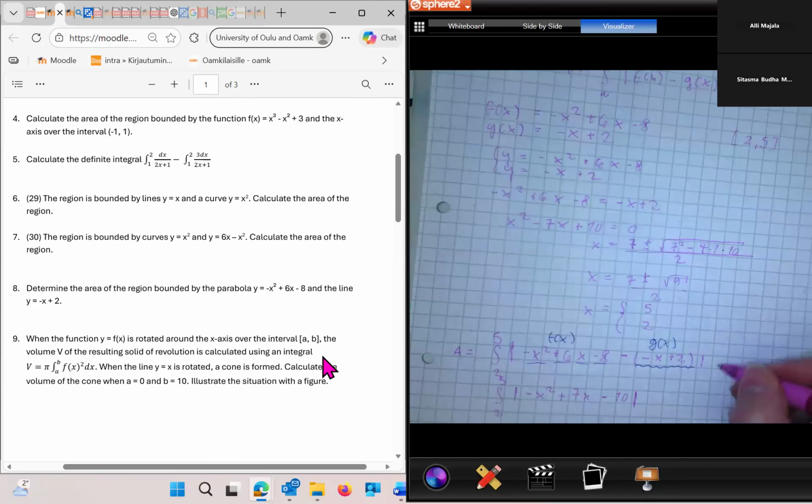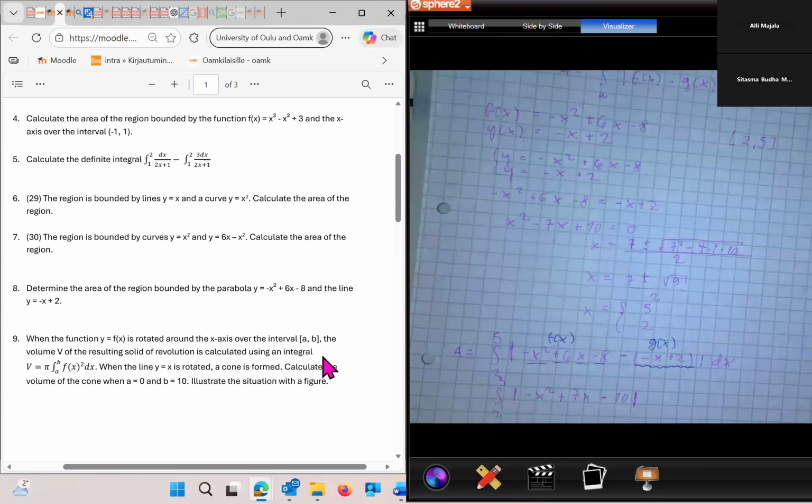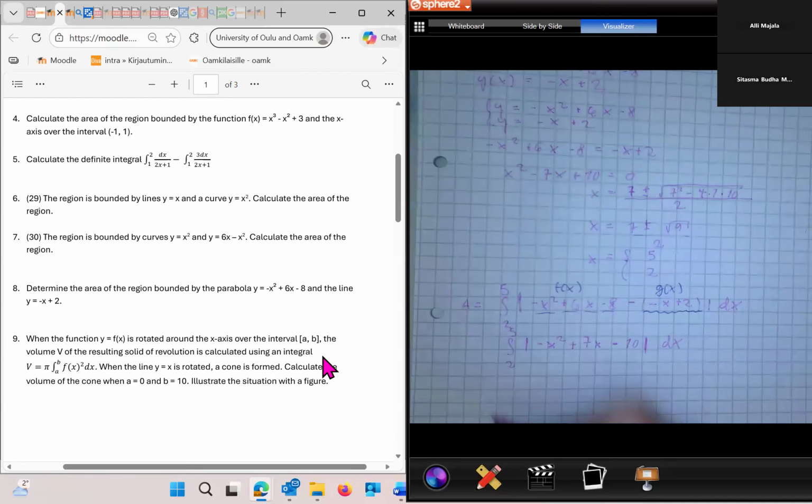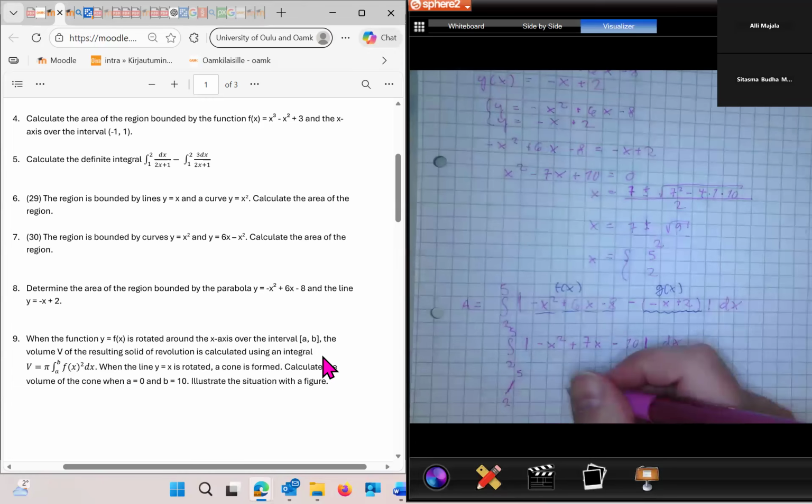Did I mark the dx? The dx is important. And now I can go through the integration.